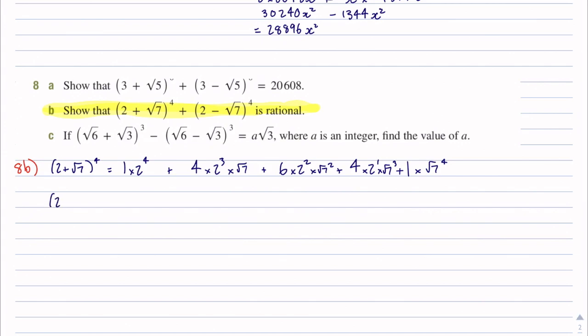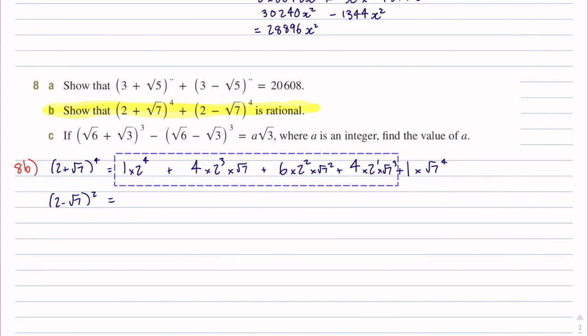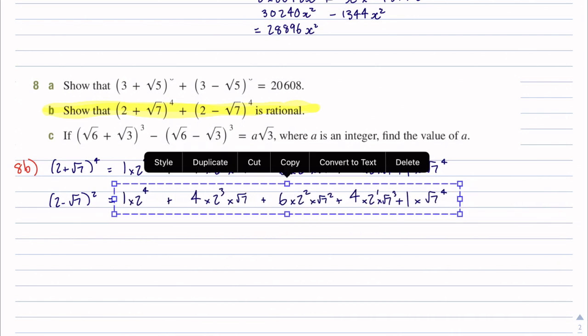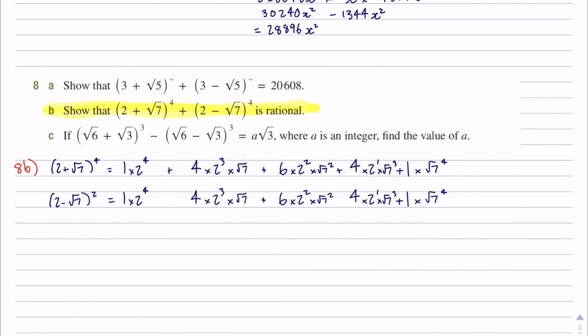And then if I have to take root 7 all squared, that's pretty much the same here. But every time I had an odd power of root 7, I subtract that term instead. For example, if I had negative root 7, that's just minus root 7, so the minus goes out the front. If I had negative root 7 cubed, that's the negative of root 7 cubed, so the minus goes out the front. But if you've got squares, negative times negative equals positive.